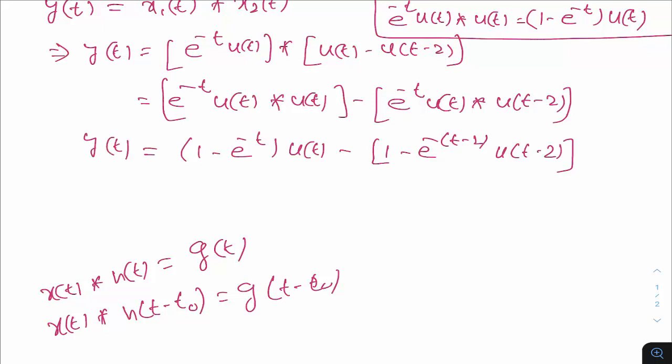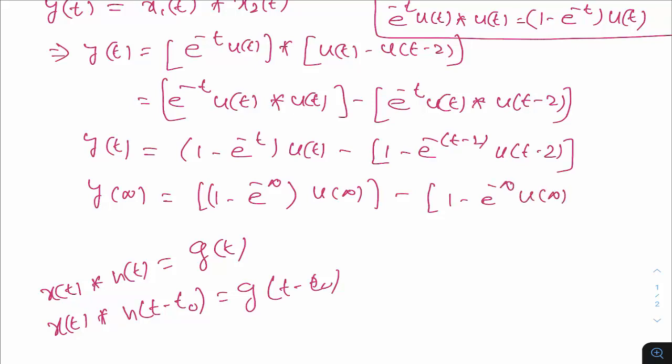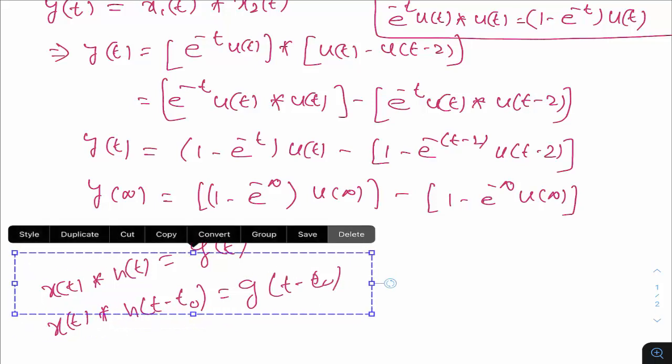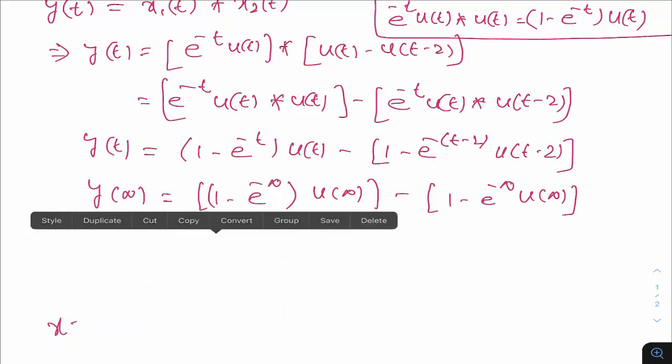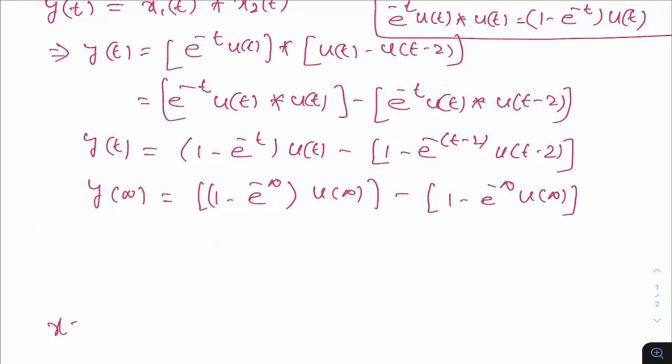But what are we supposed to find? We are supposed to find y of infinity. So if I substitute t equals infinity, this is 1 minus e raised to power minus infinity into u of infinity, minus 1 minus, again, e raised to power minus infinity, and this is u of infinity. If you solve this now, e raised to power minus infinity is 0.